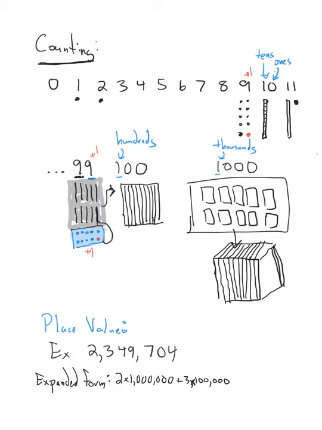I have 300,000s, I have 4 10,000s, I have 9 1,000s, or 9 cubes, I have 7 squares, I have no 10, so I'm not even going to write it down, and I have 4 ones. So that's the expanded form of the number 2,349,704.